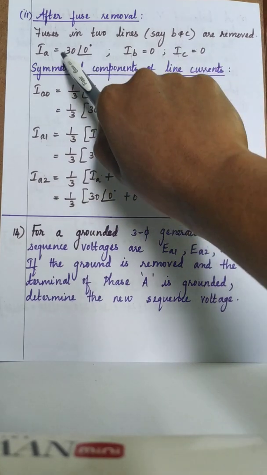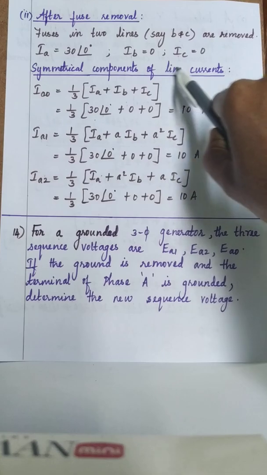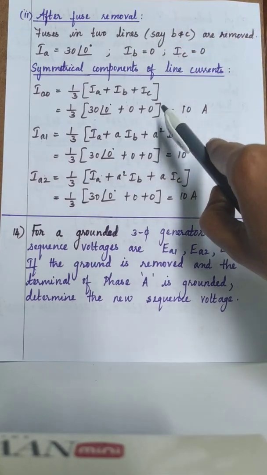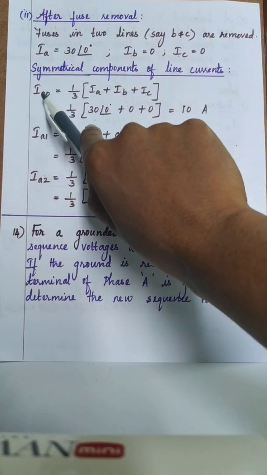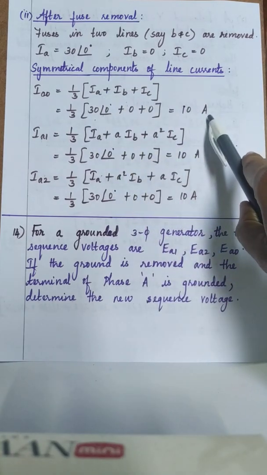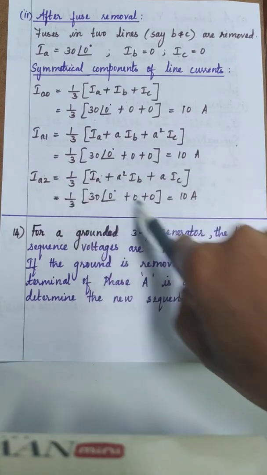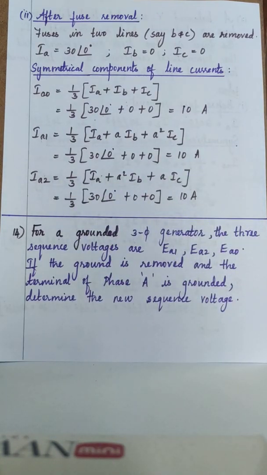So IA will be 30 angle 0, IB and IC are 0. Now the symmetrical components of line currents after fuse removal. Use the same formulae. IA0 is 1 by 3 IA plus IB plus IC. You will get 10 ampere. IA1 is 10 ampere and IA2 is also 10 amperes.